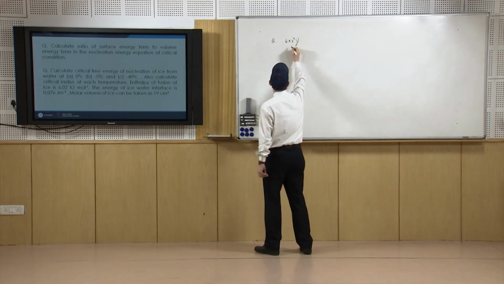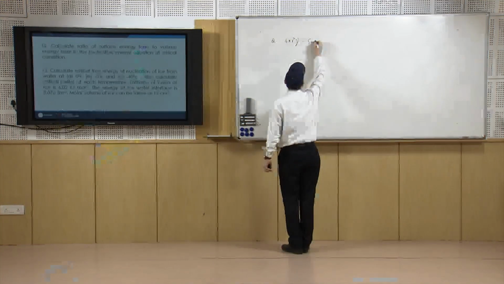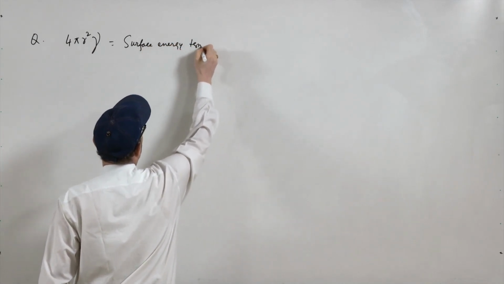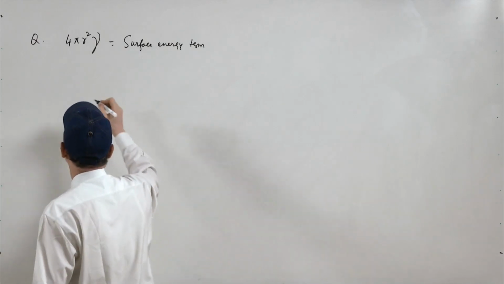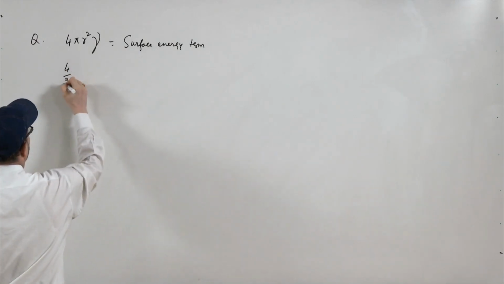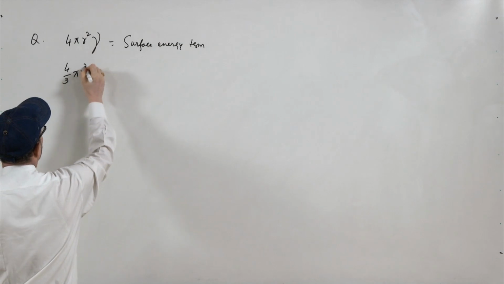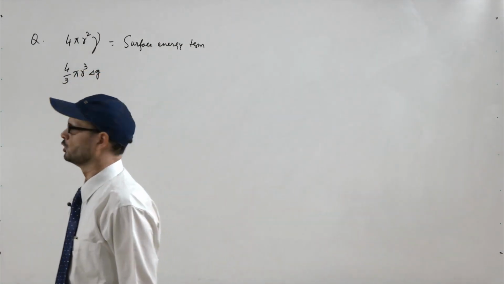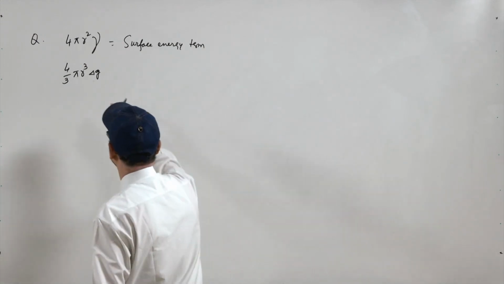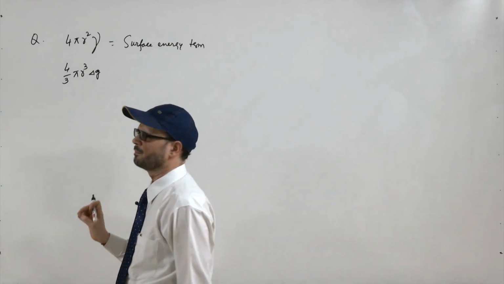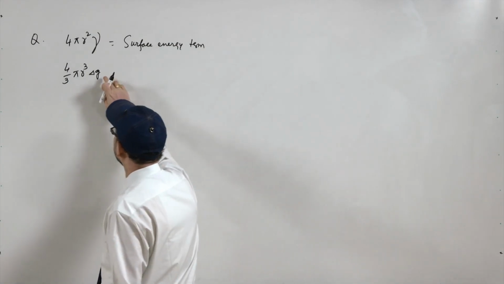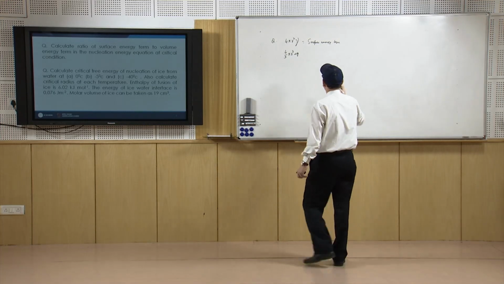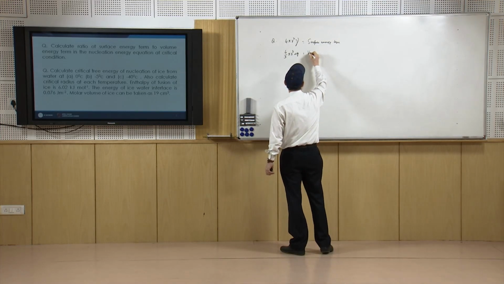So, this is your surface energy term, and the volume energy term is 4 by 3 pi r cube delta g. Here again r is the radius of the spherical particle which has to be nucleated, and delta g is the volume free energy change per unit volume, and that is why it is the volume energy term.